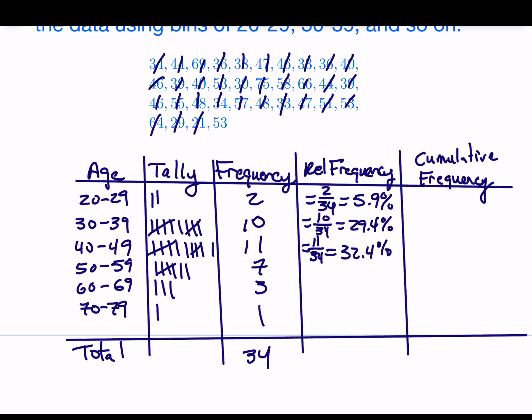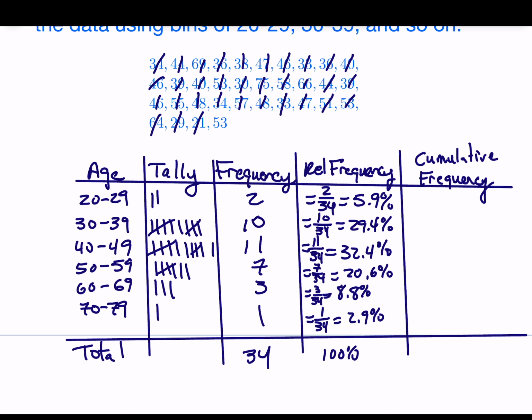For 50 to 59, we have 7 over 34, which is 20.6%. For 60 to 69, we have 3 over 34, which is 8.8%. And for 70 to 79, we have 1 over 34, which is 2.9%. If we add up all of those relative frequencies, we get 100%.